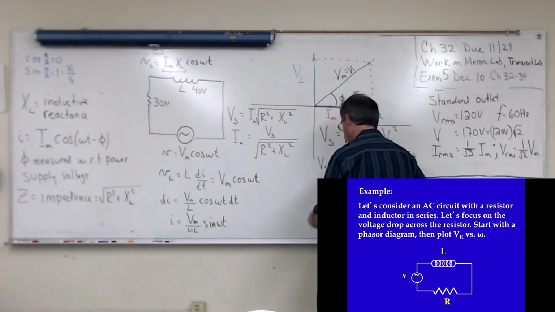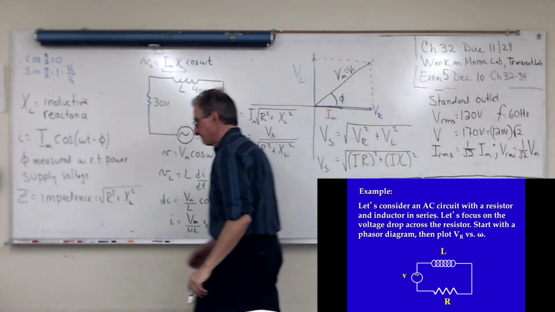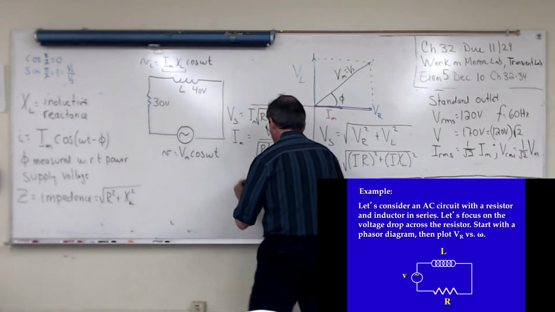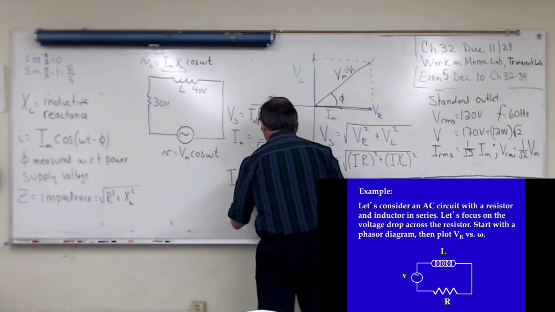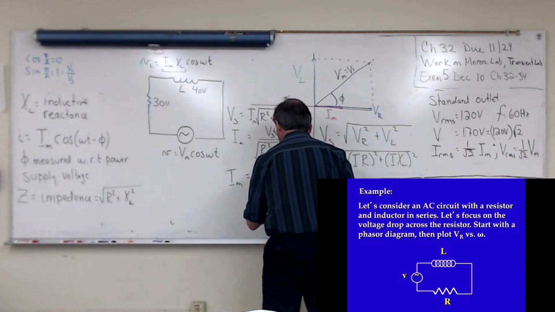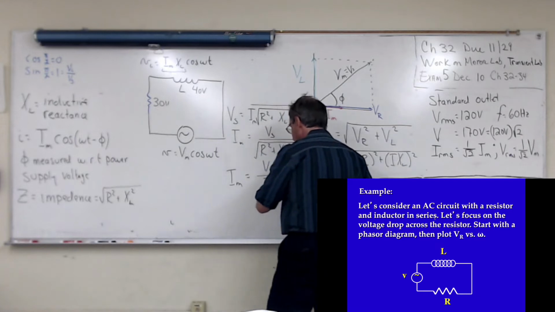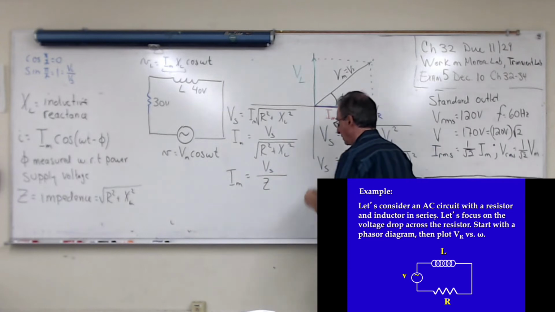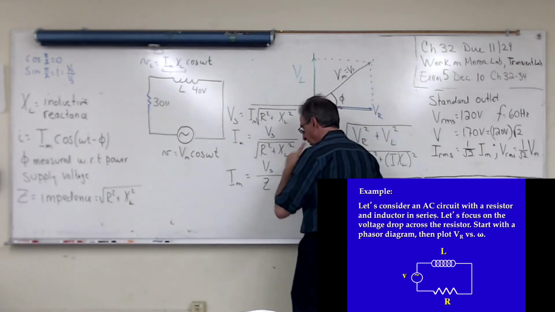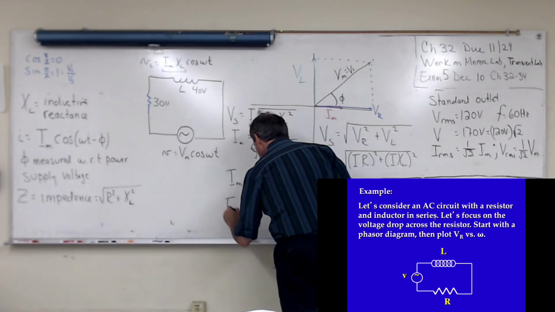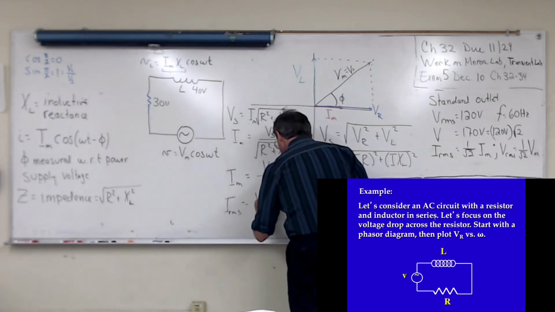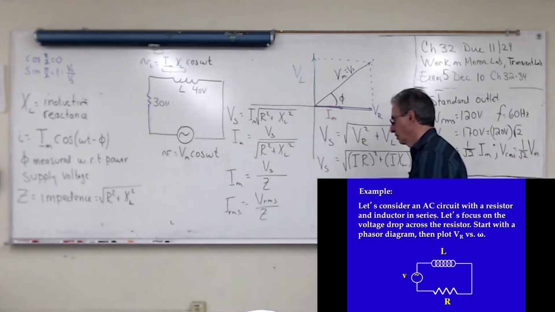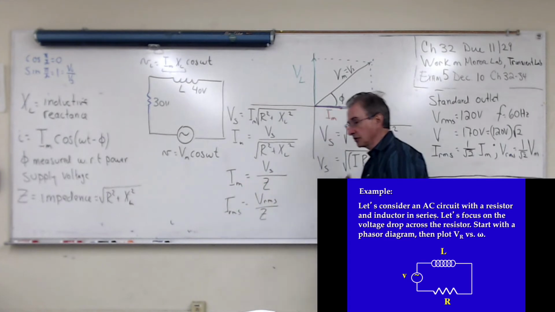So I max is the power supply voltage over Z. And of course, if we were doing RMS values, then I would divide this by the square root of 2, right? I RMS is V RMS over Z. Right, because both of these terms have to be divided by the square root of 2.